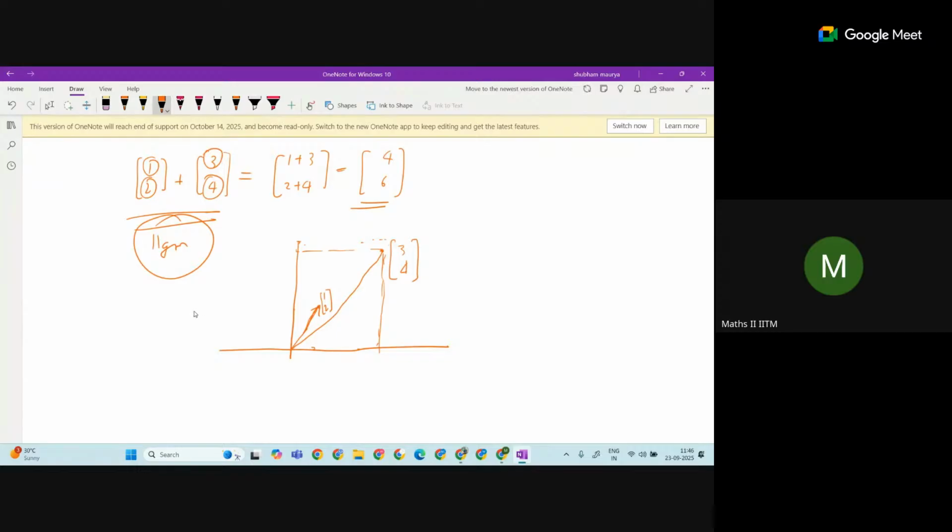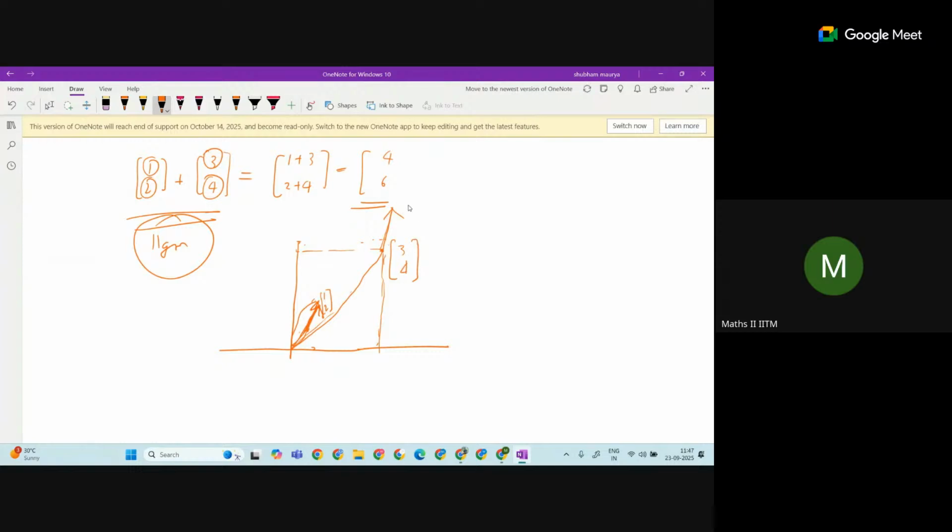But in representation, how am I adding? The parallelogram law says, take this vector, maintaining its direction. I take this vector and substitute it here, maintaining the direction. Maybe it looks like I'm changing the direction, but I'm maintaining the same direction. I'm just taking this vector and replacing it here.